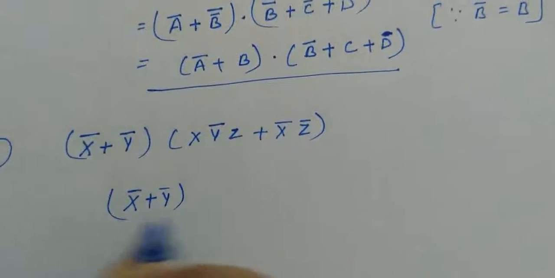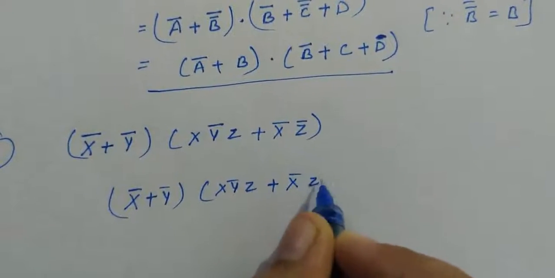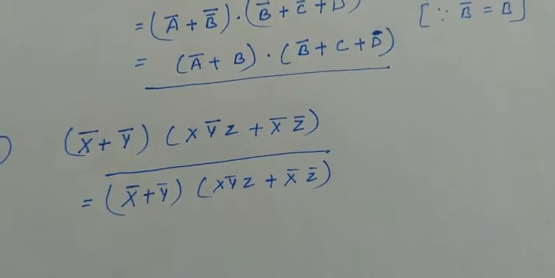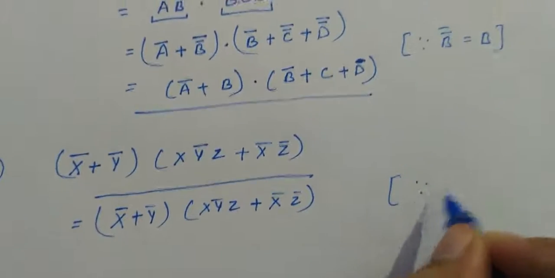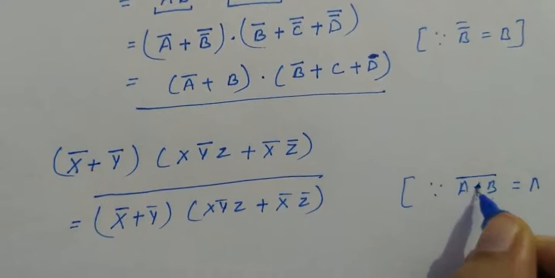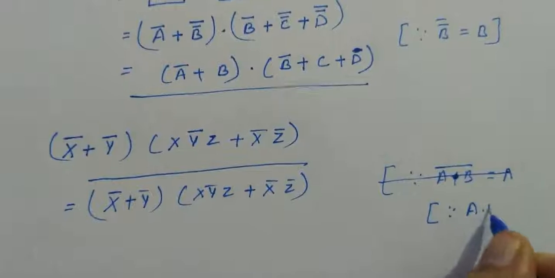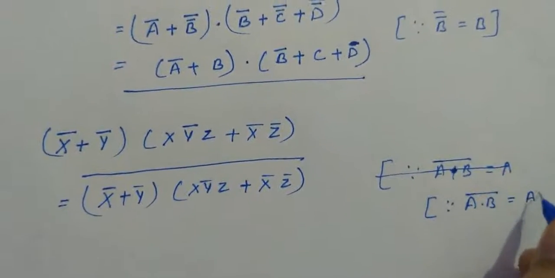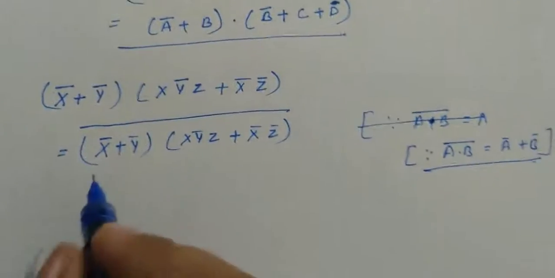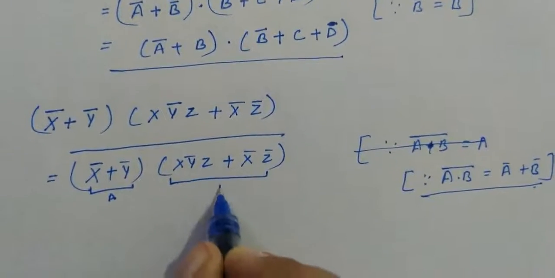Again De Morgan's law we will use. Since (A dot B) whole complement is equal to A complement plus B complement, the second law we will use. So we'll assume this as A and this as B.